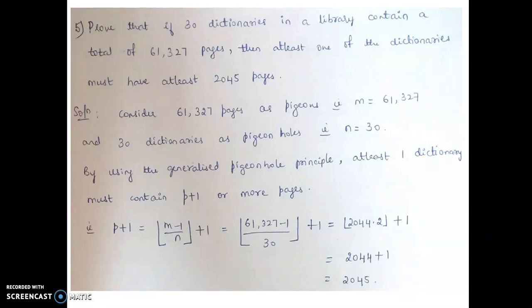The plus comes over here. So this gives us 42041. So this is our actual answer. So this many pages occupy one of the dictionaries.